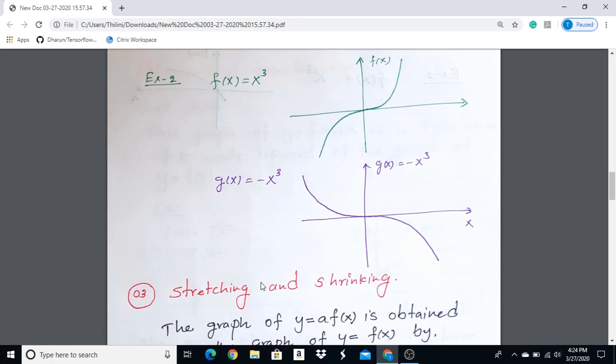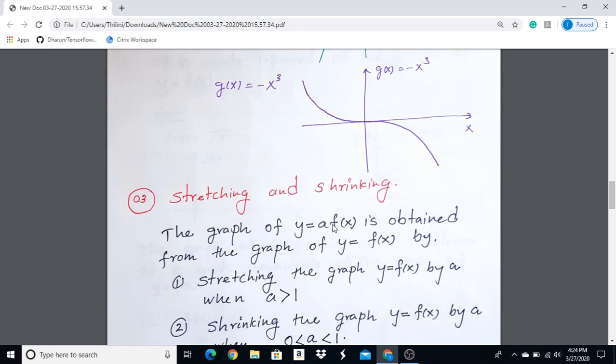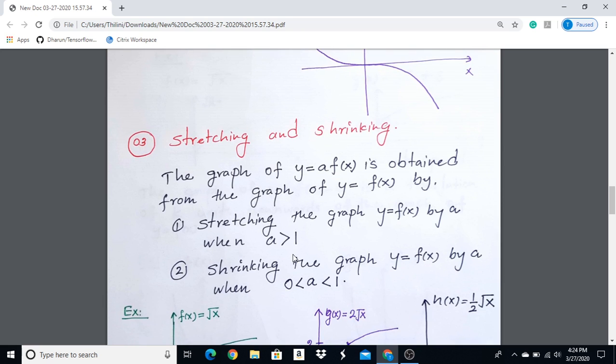The third type is called stretching and shrinking. That is when we change a function into this form: y equals a times f(x). Here I'm taking a to be only a positive number, and this is the parent function y equals f(x). It's like we are multiplying the f(x) function by a. There are two cases in stretching and shrinking.